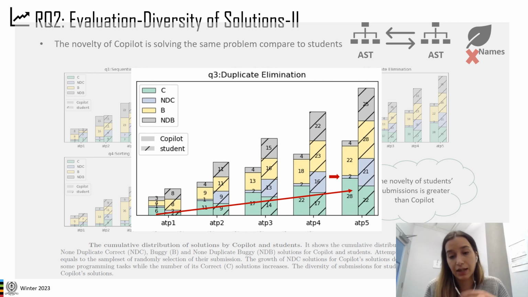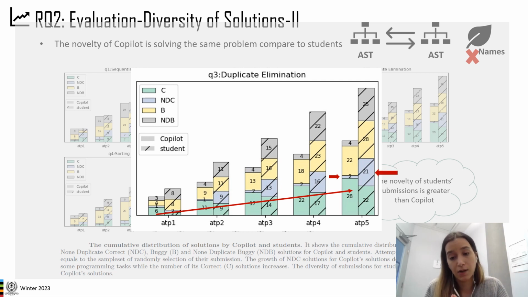For example, in our fifth attempt, out of 28 correct solutions suggested by Copilot, there were only 2 unique solutions, and the rest were repeating these 2 solutions with different variable names, comments or descriptions.